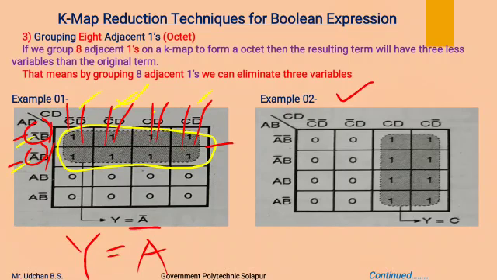In the second example, again we can form a group of 8 ones like this. The terms related to this octet are A bar B bar, A B bar, C D and C D bar. From this A bar and A get cancelled, and in these two terms D and D bar get cancelled with each other.